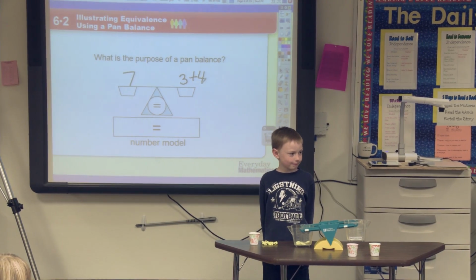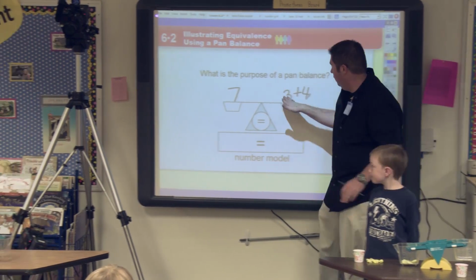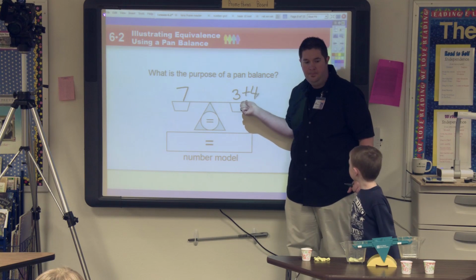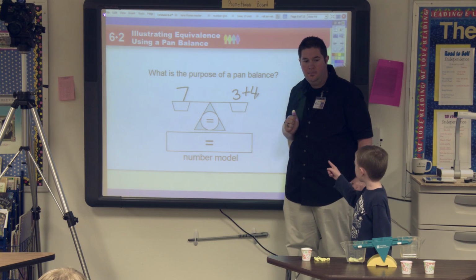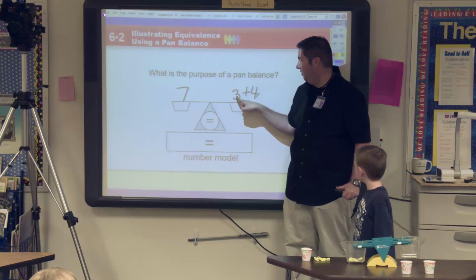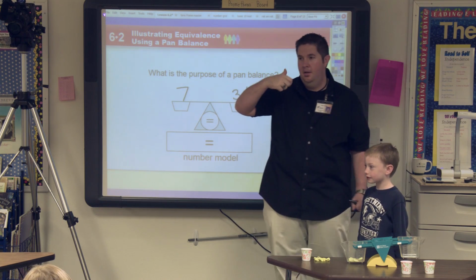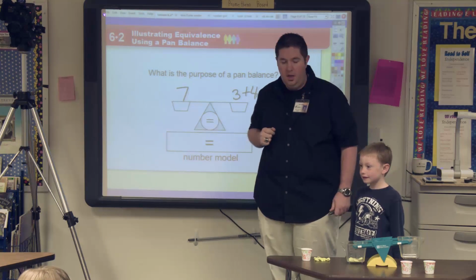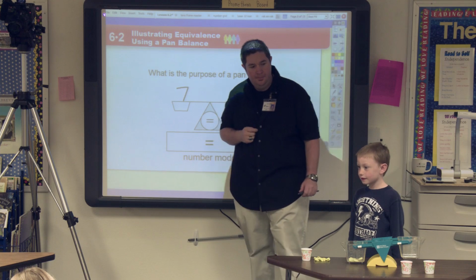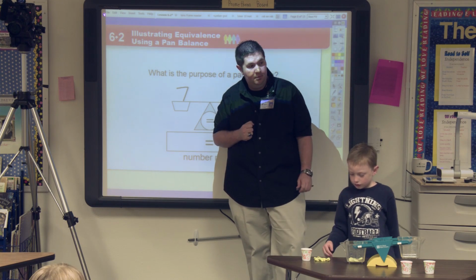Okay, so you put 7 on the pan balance. Casey, what are we going to do to the other side? Put 7 plus that model equals. So you just said 3 add 4 equals the pan. Who else had that same answer that Casey did? All right, can you prove it to us? Show us with the pan balance.